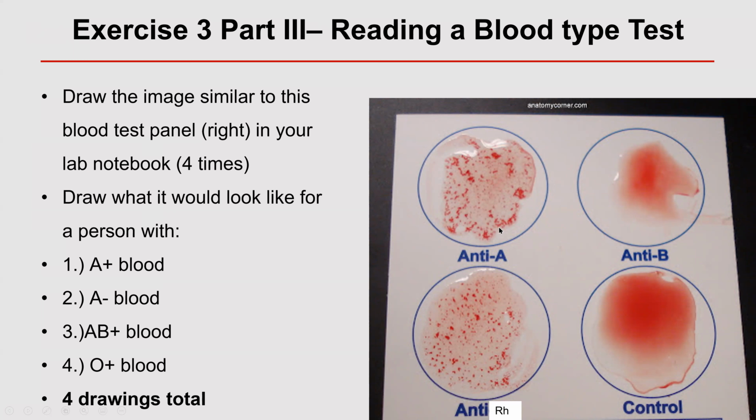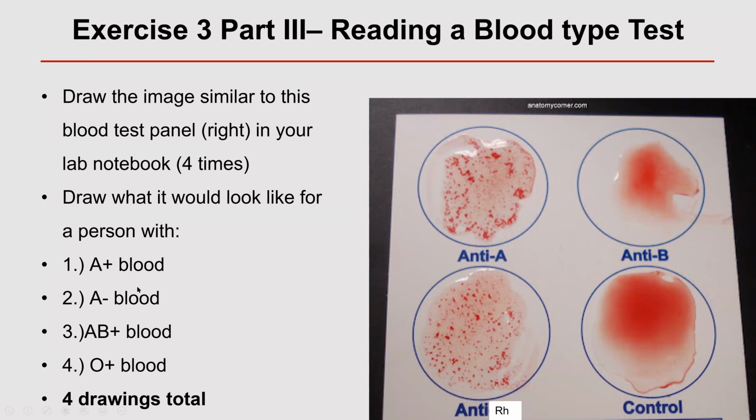So if they did not have A type blood or those A sugar tags, it would look just like the control or just like the anti-B, it would be clear. But this person actually has A sugar tags and RH sugar tags, which indicates that this person has A positive blood. So that would be the drawing you would draw for number 1.